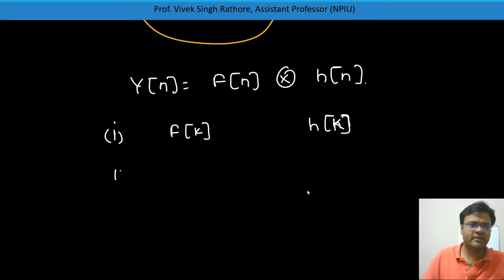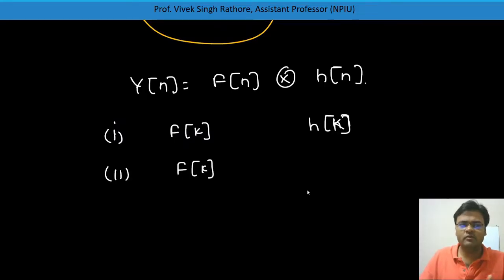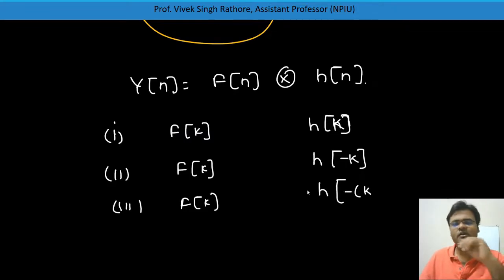Now the second step: keep f of k the same, and time reverse h, so we'll do it as h of minus k. In the third step, we keep f of k as it is and shift this signal towards the right hand side, the delayed version.